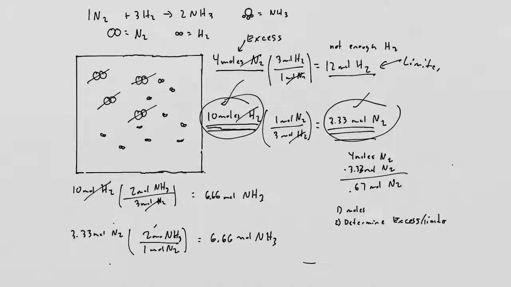Once you know the quantities consumed, you can then use that consumed quantity to figure out how much product is being made. And you should know the quantities of both reactants being consumed by the end of the introductory part of the process.